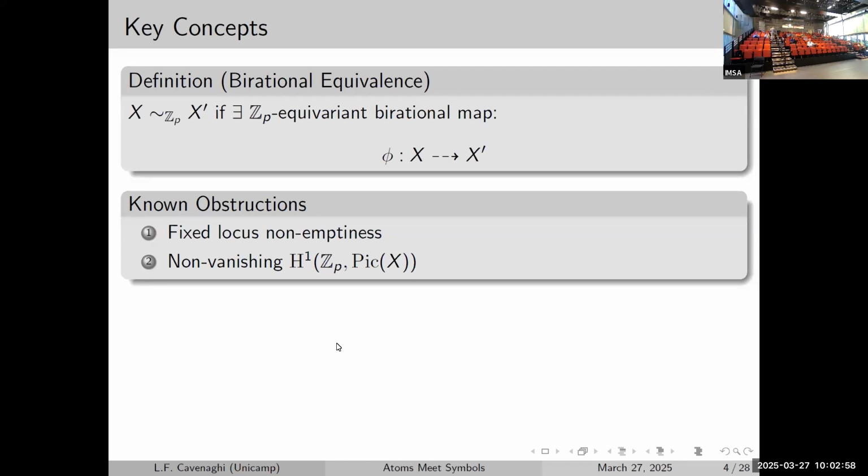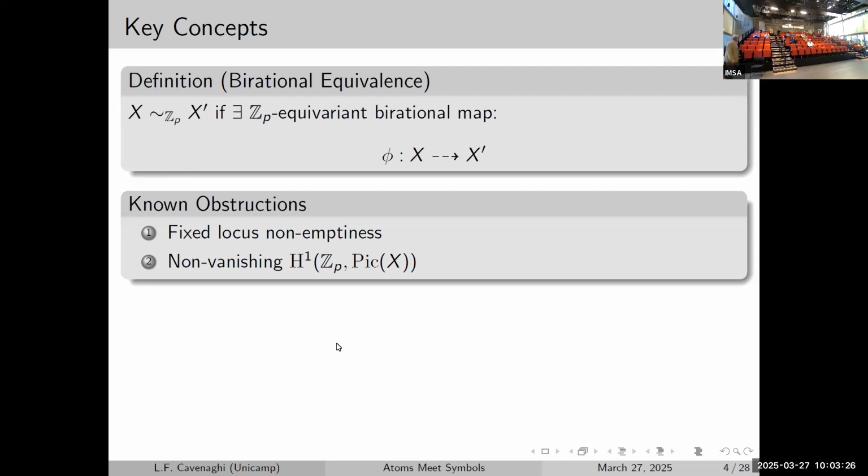Also, there are some criteria relating to the non-vanishing of homology, H1 of Z/p with coefficients in the Picard group, in the sense that if the smooth projective variety is stably birational, or like Z/p stably birational, meaning that it is Z/p birational to some projective space after taking the cross product with another projective space, then necessarily this H1 should vanish.